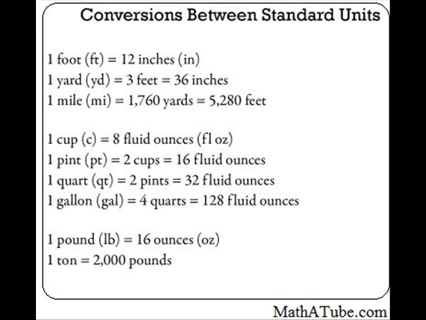So first, once again, quart and quart will cancel out. So we get 3 times 2 pints over 1. So we get 6 pints.